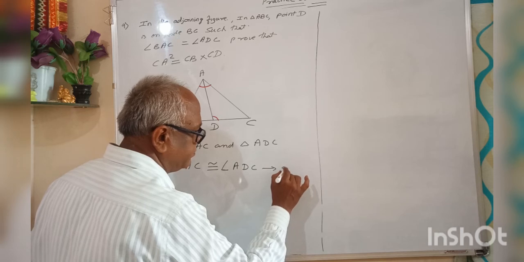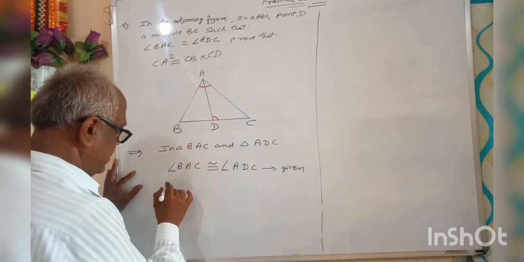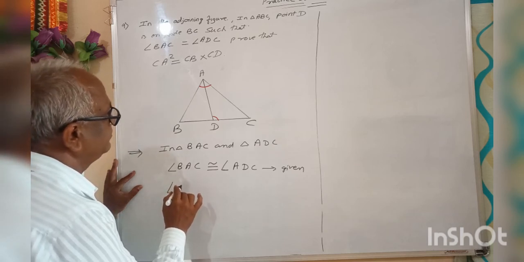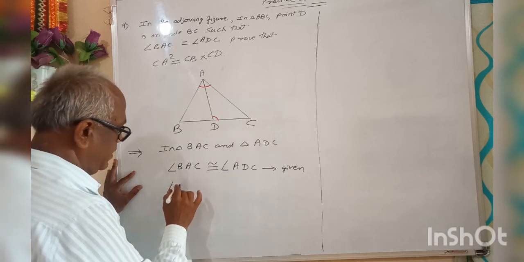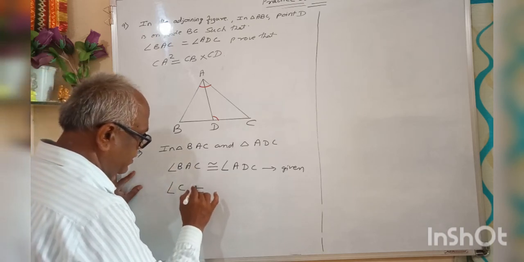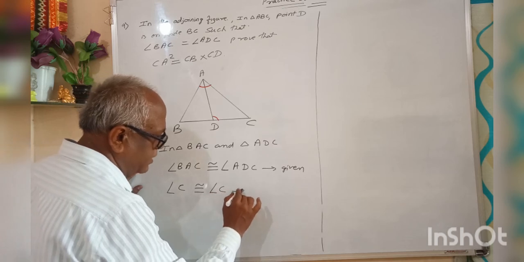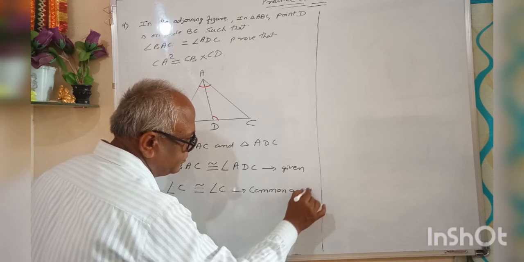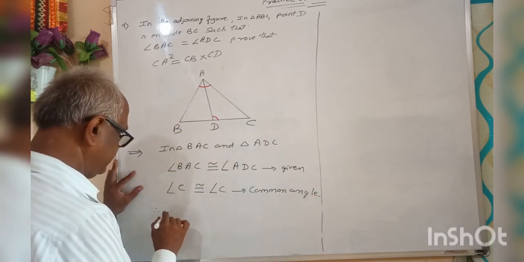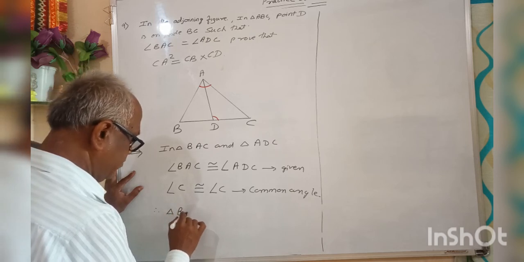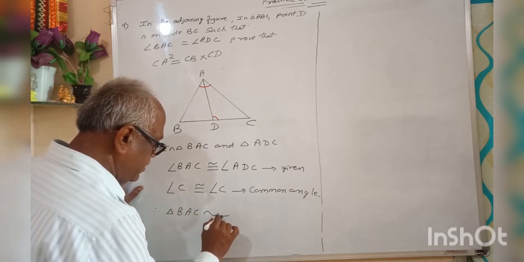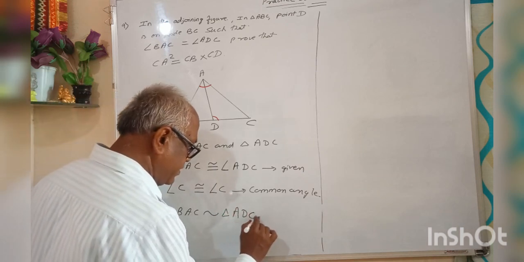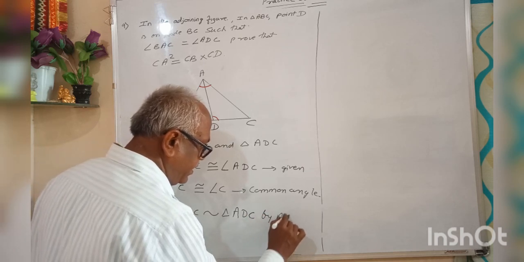This is given. Angle C is congruent to angle C. There is a common angle. Therefore, triangle BAC is similar to the triangle ADC by AA test.